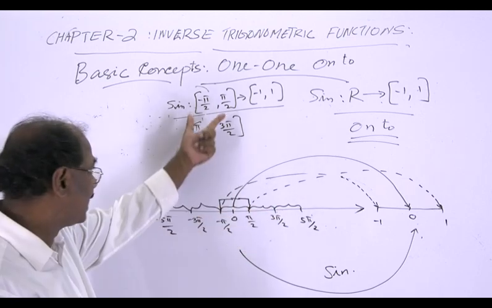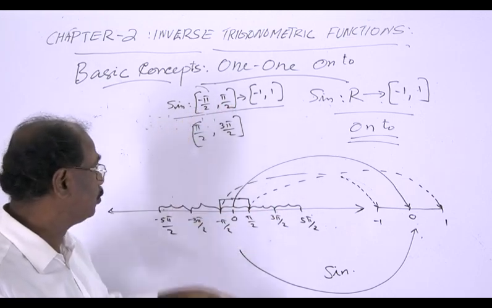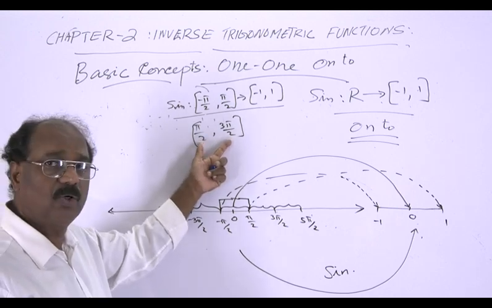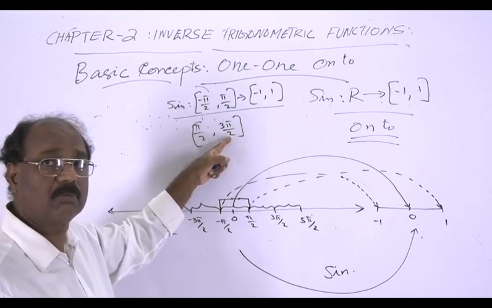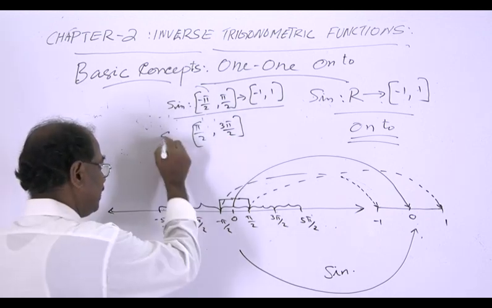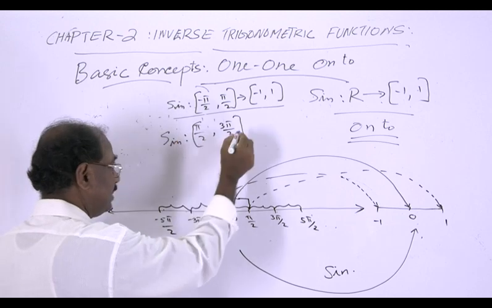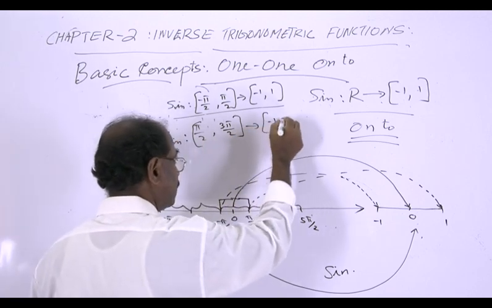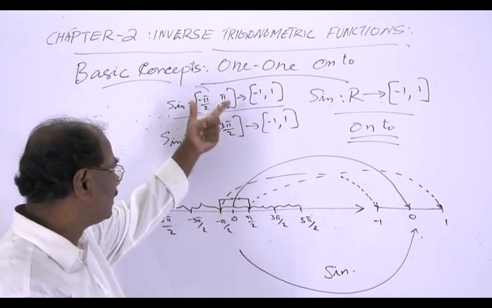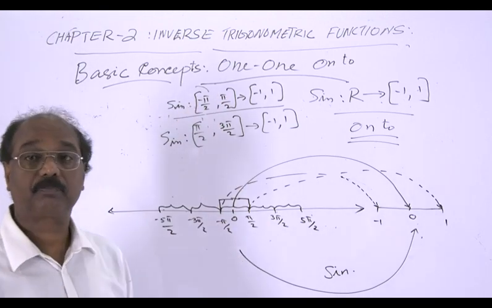As in the earlier case, sine ranges from 1 to -1. So the sine function defined from this interval into [-1, 1] is again one-one and onto.